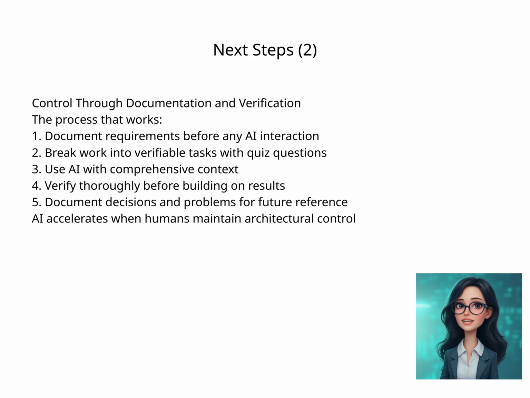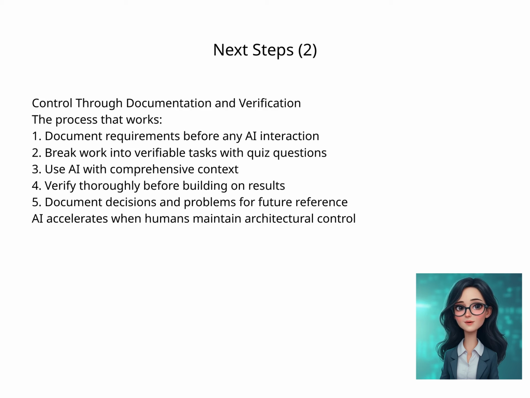The process that actually works is this. Document requirements comprehensively before any AI interaction. Break work into verifiable tasks with quiz questions ensuring understanding. Use AI with comprehensive context. Verify thoroughly before building on results.